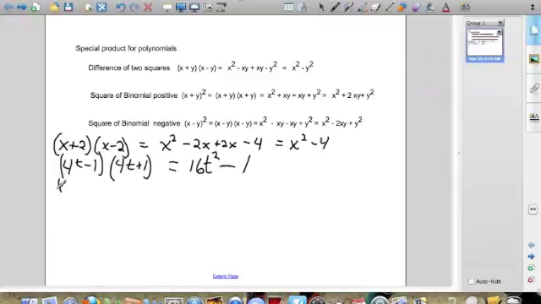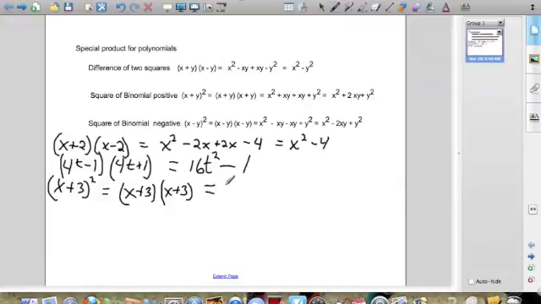Now in the second example here, the square of a binomial positive, I have x plus 3, and I'm going to square it. Again, when something is squared, it means you multiply it by itself. So I've got to take x plus 3 times x plus 3. Right, it's not x squared plus 9. That's not the final answer because you're going to have a middle term here. The square of a binomial positive or negative will be a trinomial.